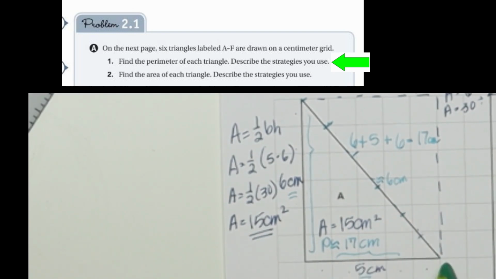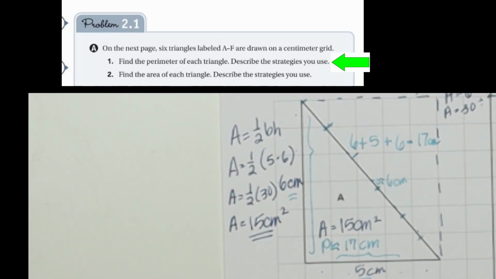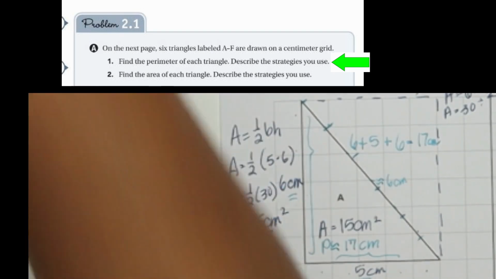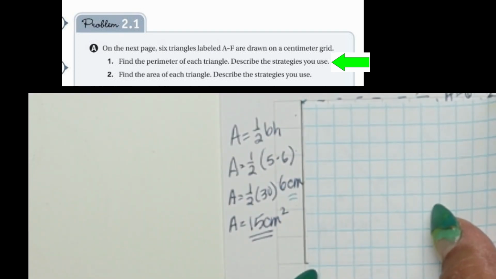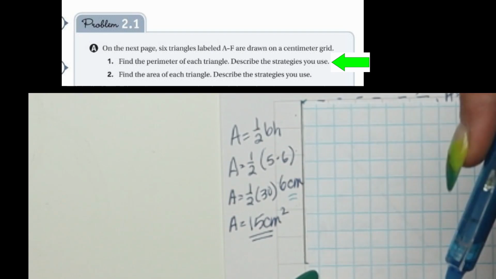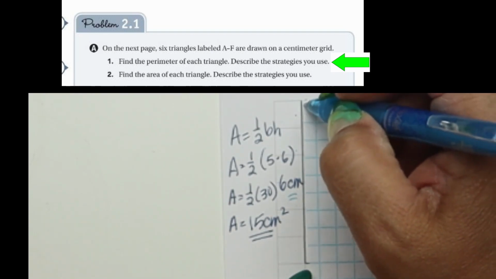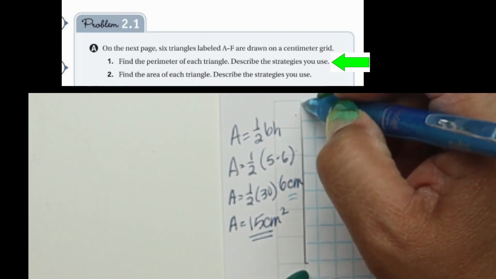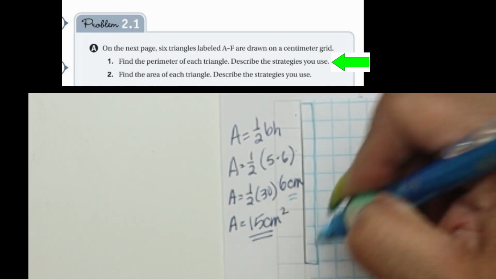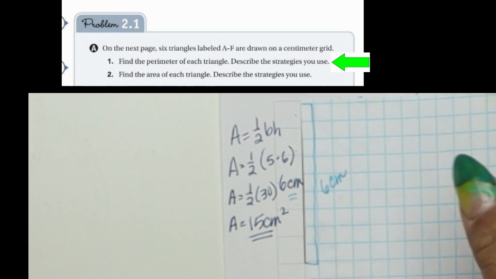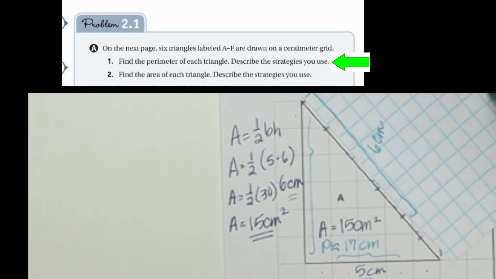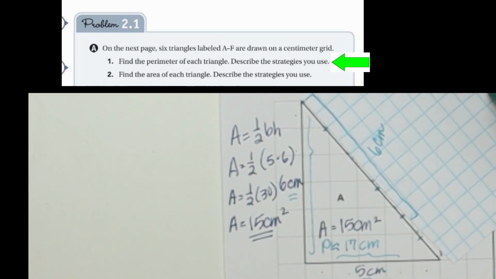I estimated it. I don't have a centimeter ruler, but I do have a way to test it. I know that from here to here is 6 centimeters. And let's see, ooh, it's actually a little bigger than 6 centimeters.